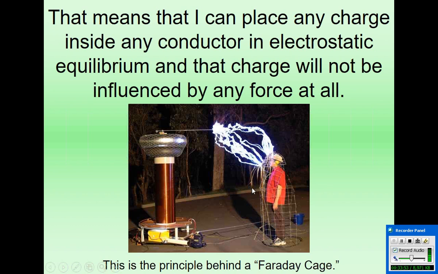It's made of metal. And so as long as this person inside isn't touching the metal, the charge that's built up by the device and is arcing across to the metal, and assuming that this metal is well grounded, the person inside is safe because the electric field inside the cage is zero.